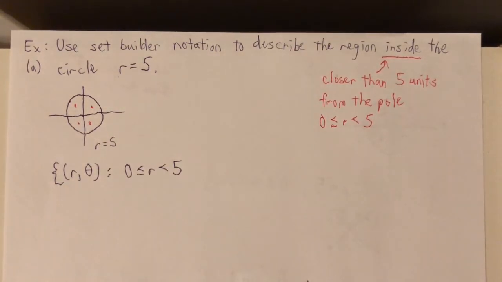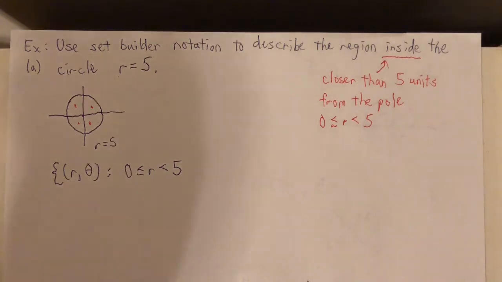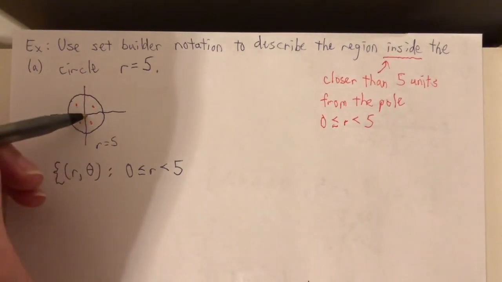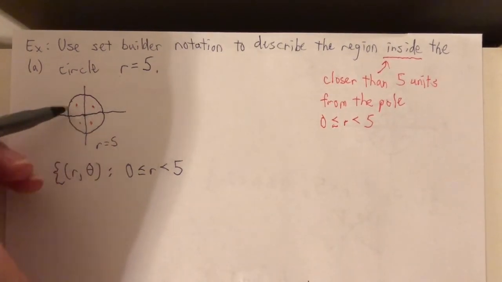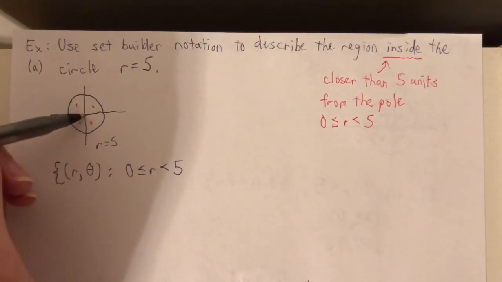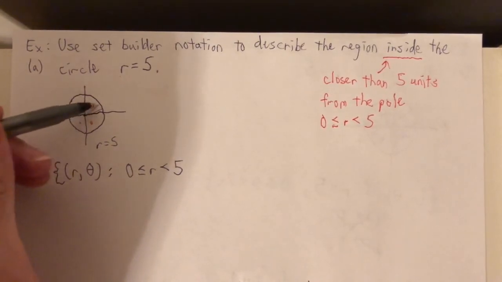Now, at first, we might think there isn't really a restriction on theta, and there really isn't from a set perspective. But when we're thinking about Calculus 2 applications, it's going to be important that if I want to find the area inside the circle, I'm only counting each part of my circle one time.